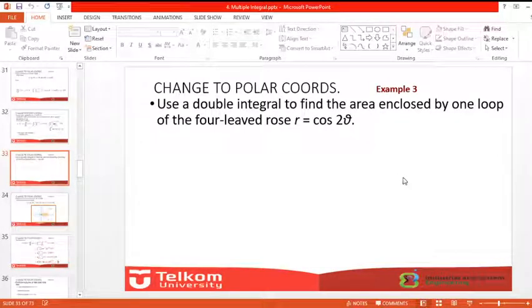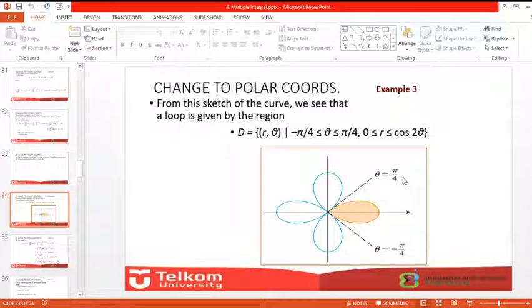Means that in here r is from 0 until cos theta. The minimum radius is 0 in here, and also the maximum is in here. Should be cos theta. The maximum of the radius should be cos theta.